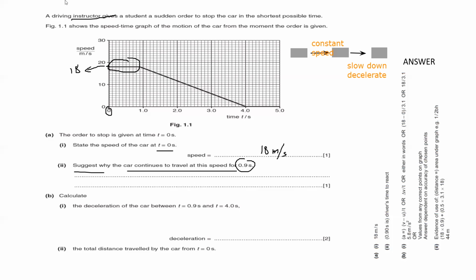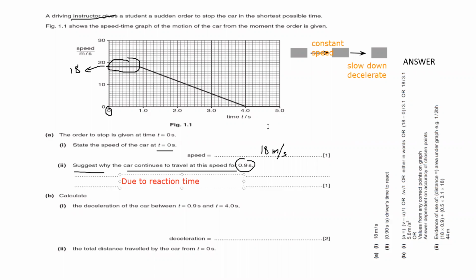So that is the reaction time, or due to the reaction time, because whenever someone gives you an order, you don't perform that action instantly, you take some time to react, and that time interval is called a reaction time.